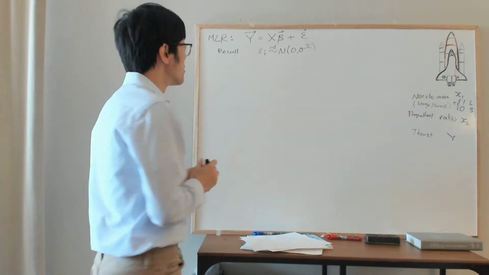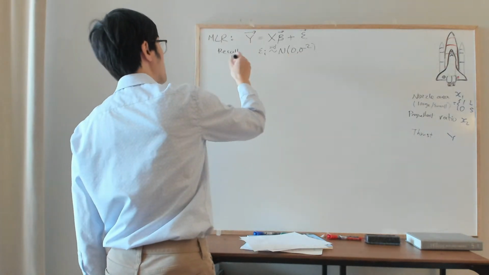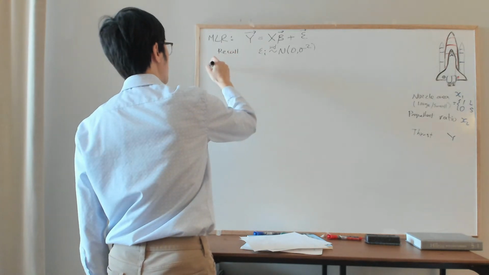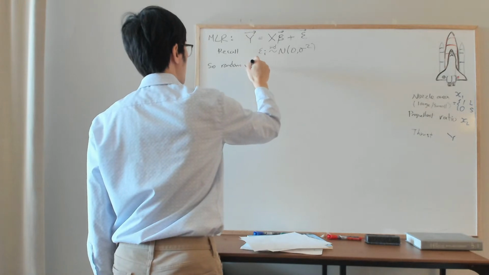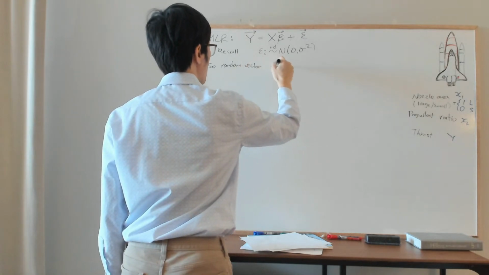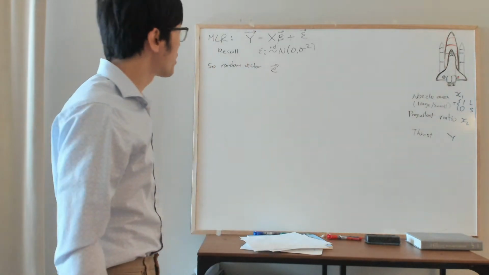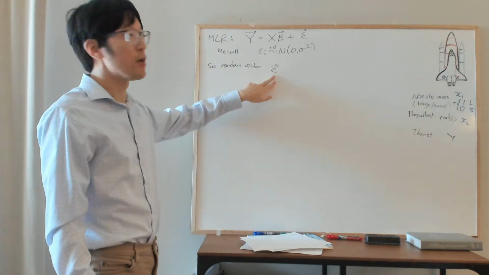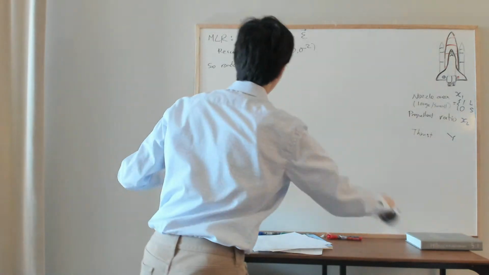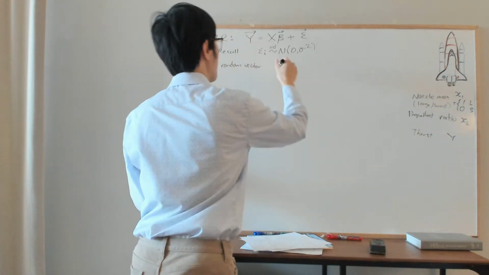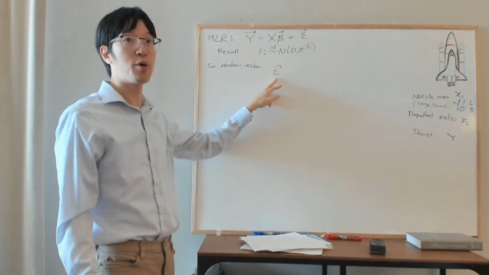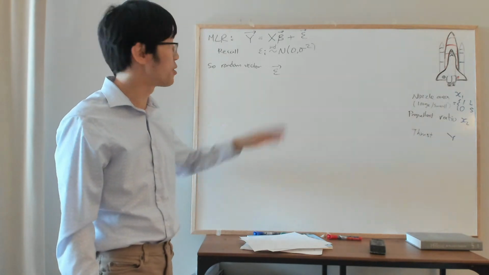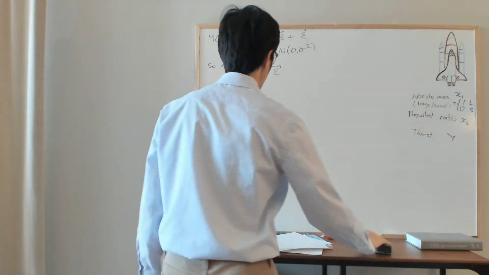So imagine the random vector epsilon. The random vector epsilon can therefore be written as a multivariate normal distribution. Let's see how.